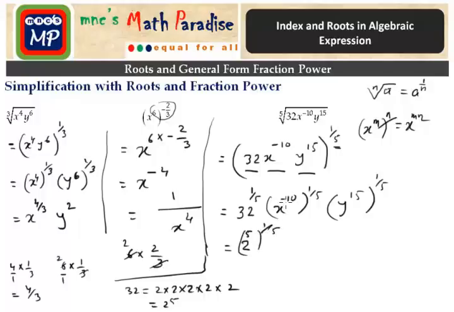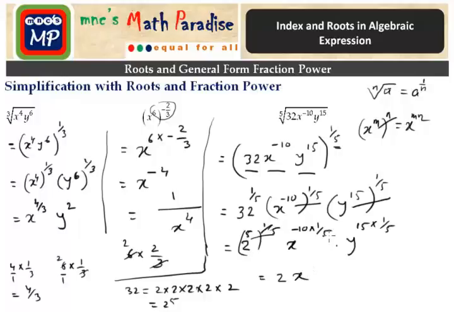Now x to the power minus 10 and y to the power 15, these powers will be multiplied, so 15 times 1 by 5. These powers will multiply, so 5 times 1 by 5, this 5 will cancel, we will get 2 to the power 1, that is 2.